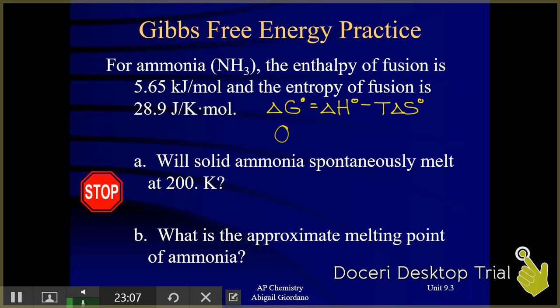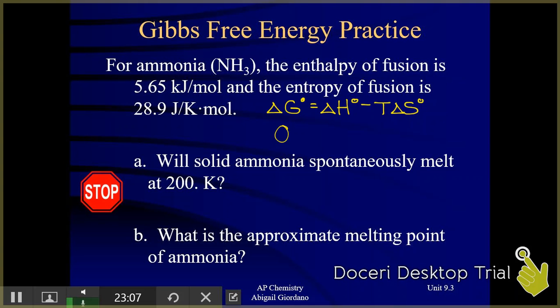A negative delta G means the reaction is favorable. A positive delta G means the reaction is not favorable. So what does 0 mean? 0 is the boundary where a reaction goes from being favored to not favored, or vice versa.